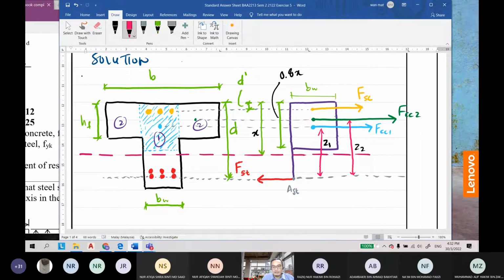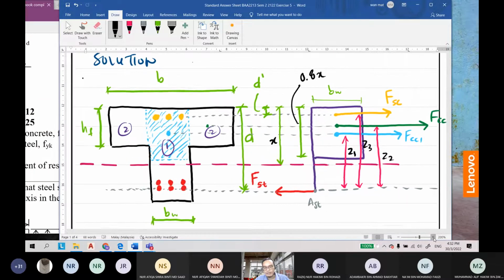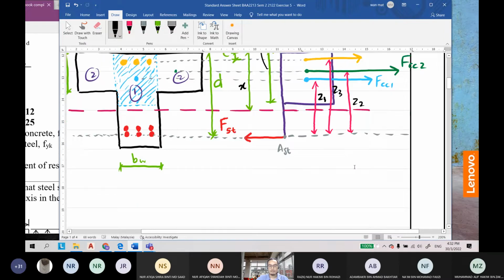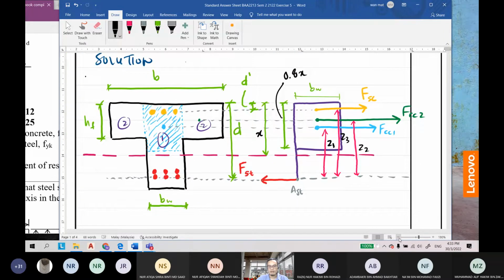And then from FSC, here to here, to the center of the steel is Z3. Can you see this one?